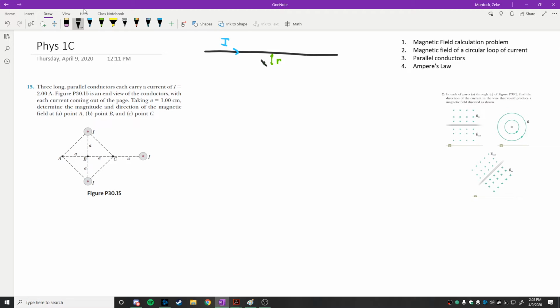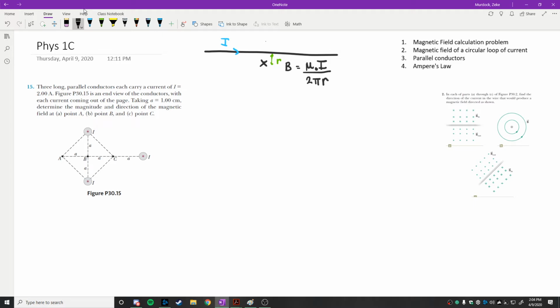The magnetic field is going to point into the page, and the size of the magnetic field at that point ends up being equal to a constant called mu naught multiplied by the size of the current, divided by 2 pi multiplied by r.